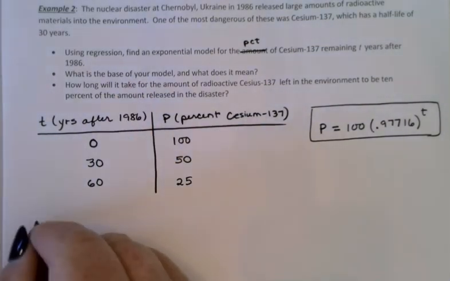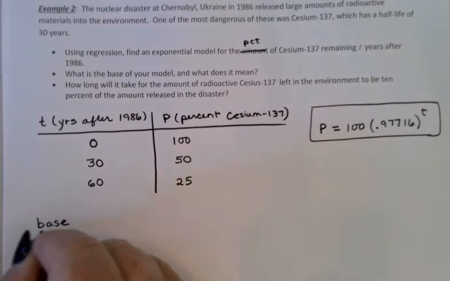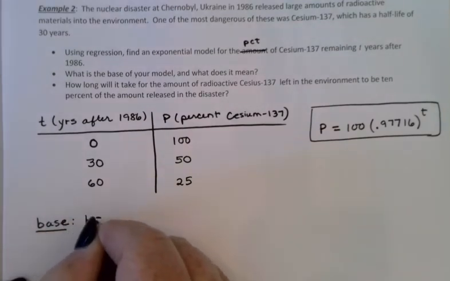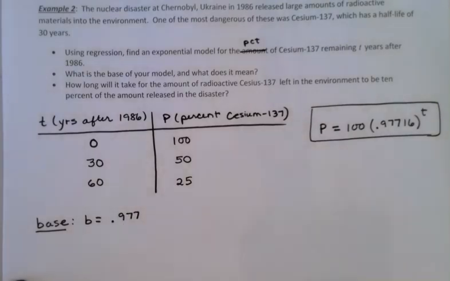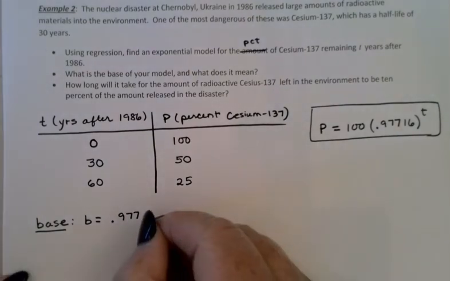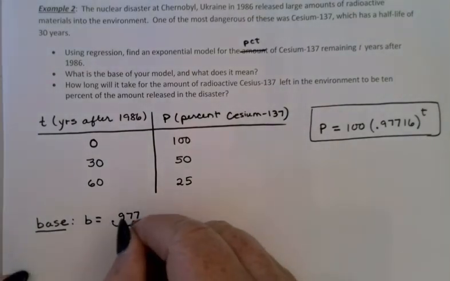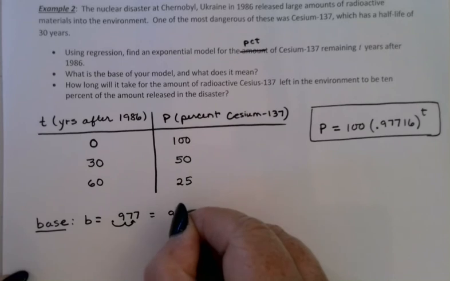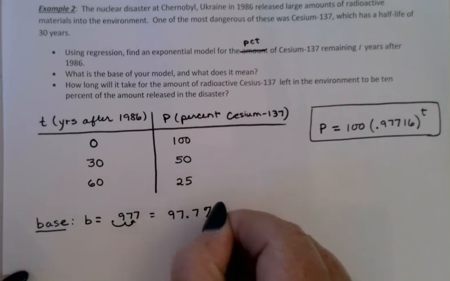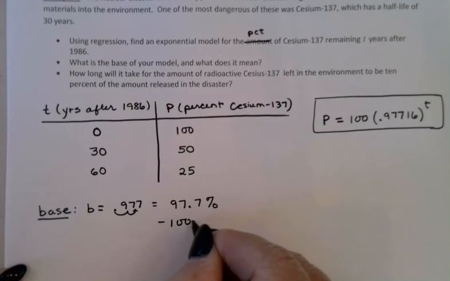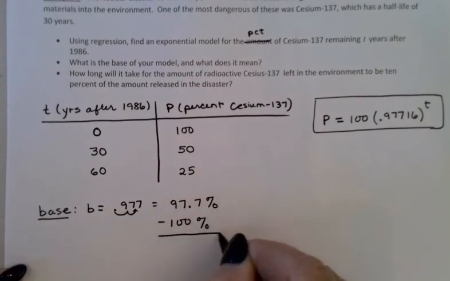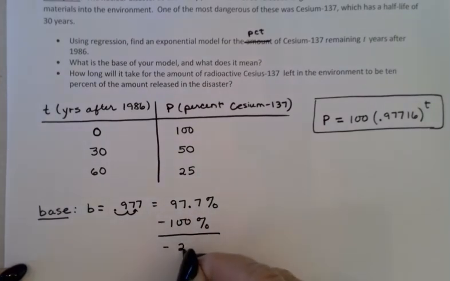The base of my model is this 0.977 approximately. Just to talk about it, I'll round it off. And if I change that to a percent, 97.7%, subtract off the 100% that we start with, and we get negative 2.3%.